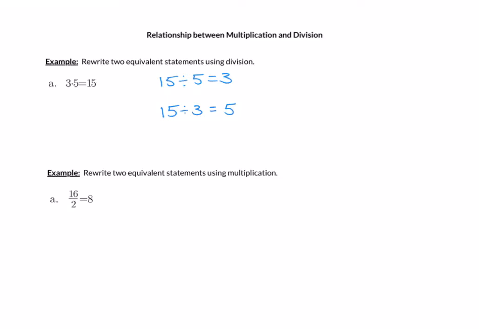We can also go the other direction. Starting with a division problem, I want to rewrite two equivalent statements using multiplication. So 16 divided by 2 equals 8. I can say 2 times 8 is equal to 16.